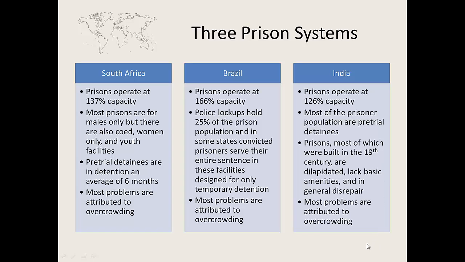Looking at South Africa, most of the prisons there are for males, but there are a few that are co-ed or have women only. There are also a few youth facilities. Pretrial detainees are in detention an average of 6 months, and it's important to point out that when you're looking at countries other than the United States, if you are awaiting trial in the United States, you're probably going to be in a jail, a facility run by city or county governments.